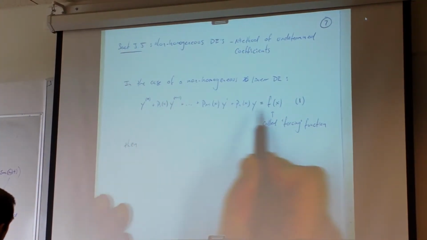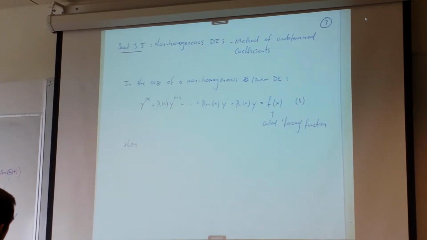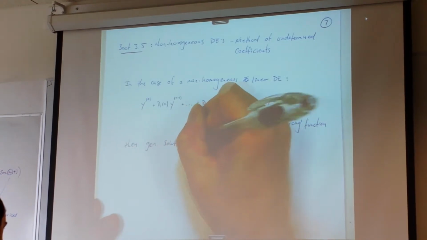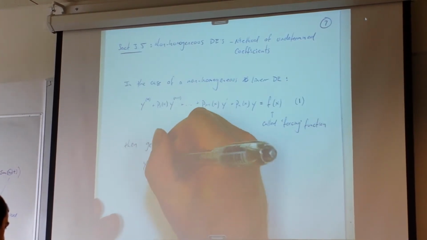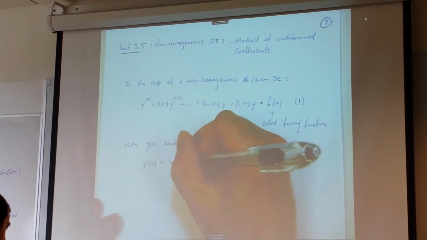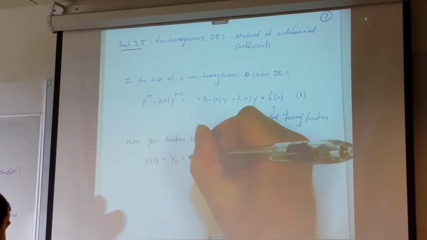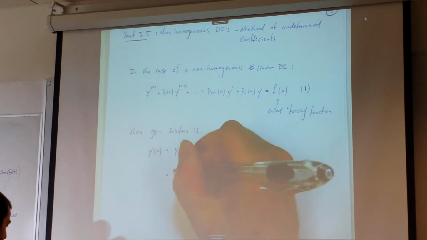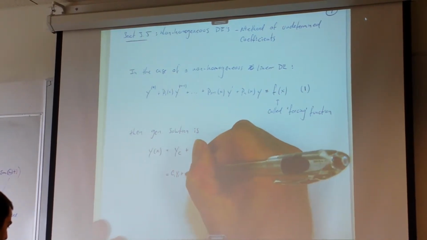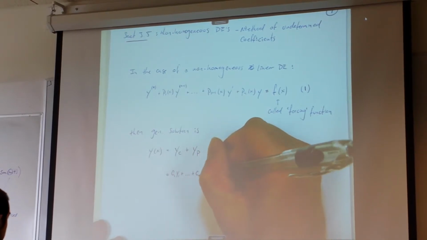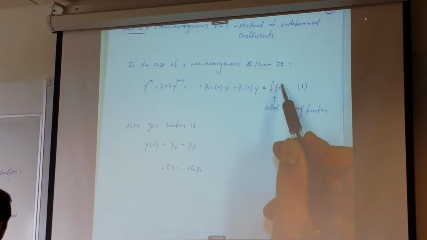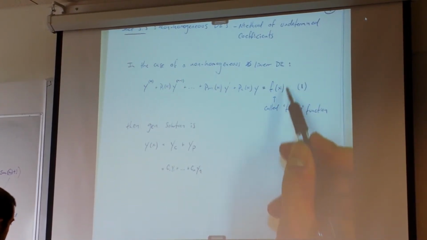If we have a linear, non-homogeneous equation like this, then the general solution can be written y of x equals y sub c plus y sub p, where y sub c represents the complementary function, c sub 1 y1 plus c2 y2 plus up to c sub n y sub n, which represents the general solution of the homogeneous equation associated with this one.